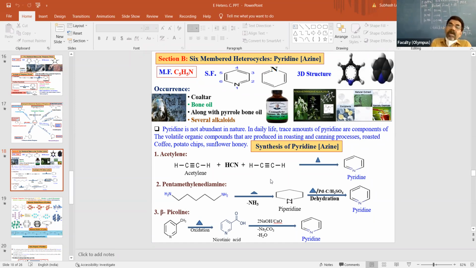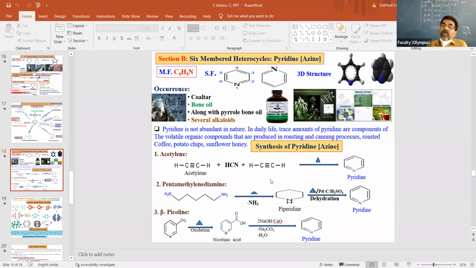Beta picoline on oxidation will convert to nicotinic acid, meaning the CH3 group converts into a carboxylic group COOH, which on strong alkaline hydrolysis like NaOH or KOH in presence of calcium oxide gives pyridine. So these are the 3 synthetic methods to prepare pyridine.